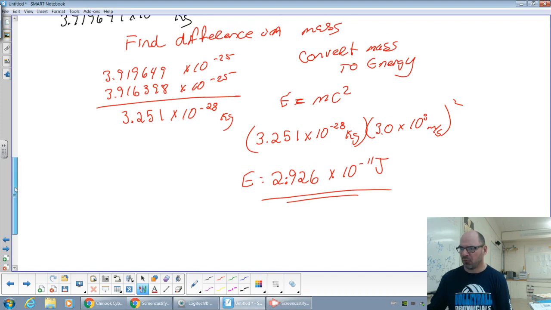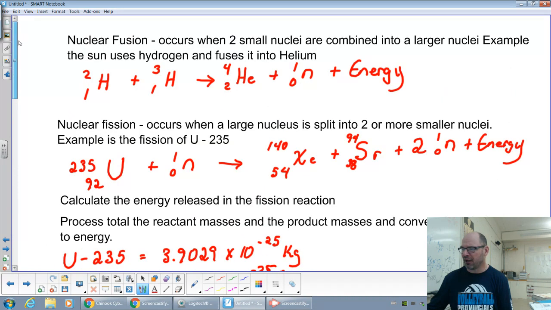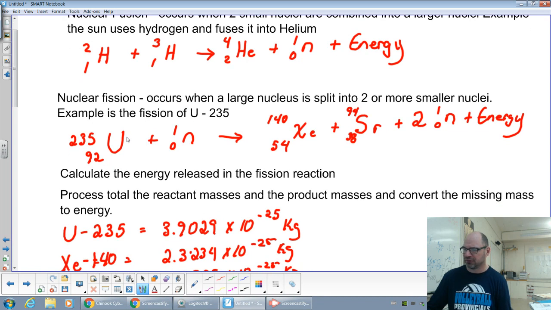So again, if you go back up to the top here, we could find the energy here as well if we knew the mass of each of these hydrogens. I might put this one on the assignment, finding the nuclear energy of this, or I might put another fission reaction. We could find the energy released here as well per fusion. And remember that fusion is forming larger nuclei from smaller ones, and fission is splitting larger nuclei into smaller ones.